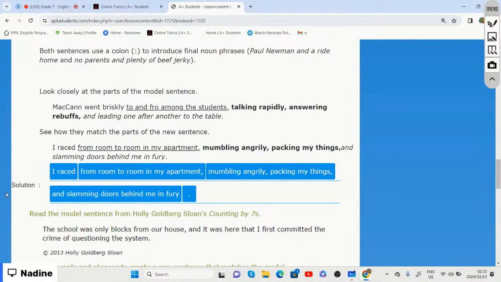So we can say, I raced from room to room in my apartment, mumbling angrily, packing my things, and slamming doors behind me in fury.